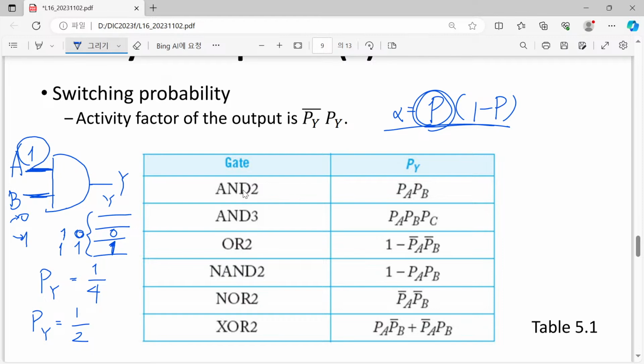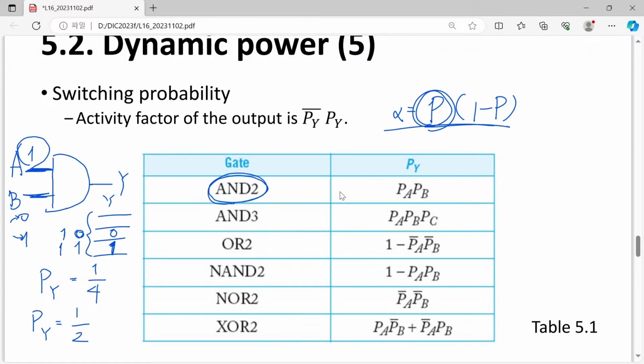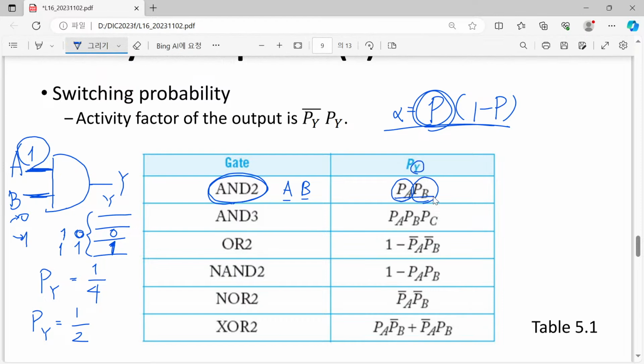So simply speaking, when you consider this 2-input AND gate, not a NAND gate, then we can say that the probability is given by just P sub A times P sub B. So are you all with me? Because only when A is 1 and only when B is 1, then we have an output value of 1 for Y. So that's the reason why we have PA times PB.